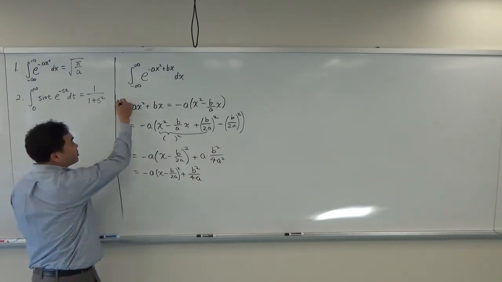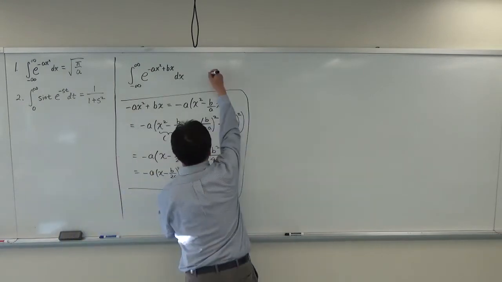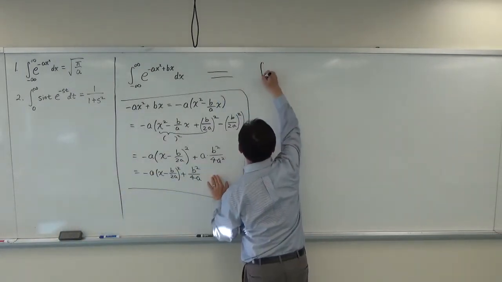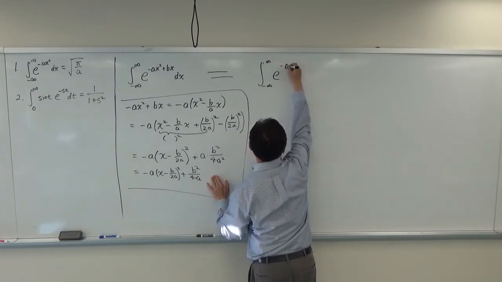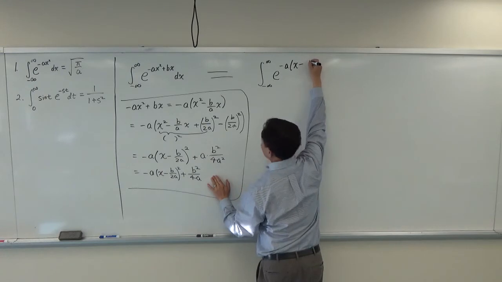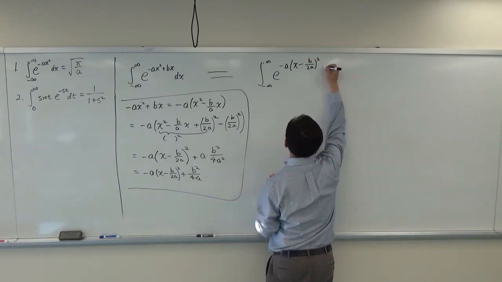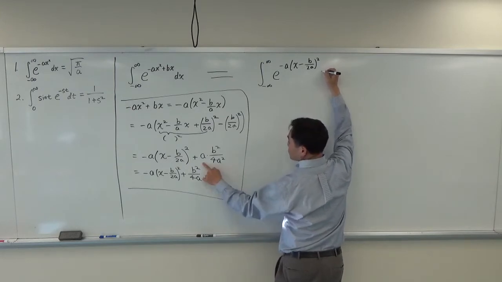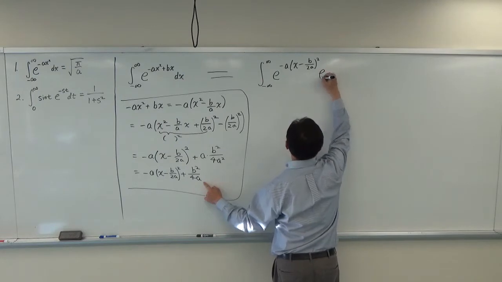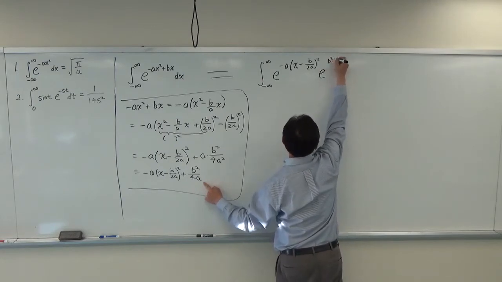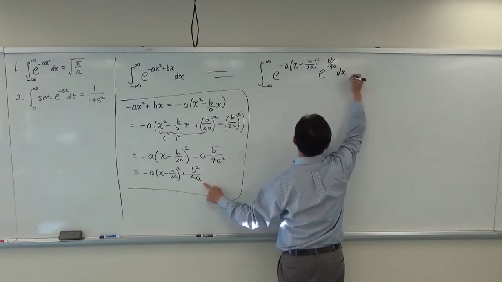Okay, so with this result, now we can rewrite this integral as the following. This would be equal to the integral from negative infinity to infinity of e to the negative a times x minus b over 2a squared, and then plus this one, but that can be written as e to the b squared over 4a dx, right?